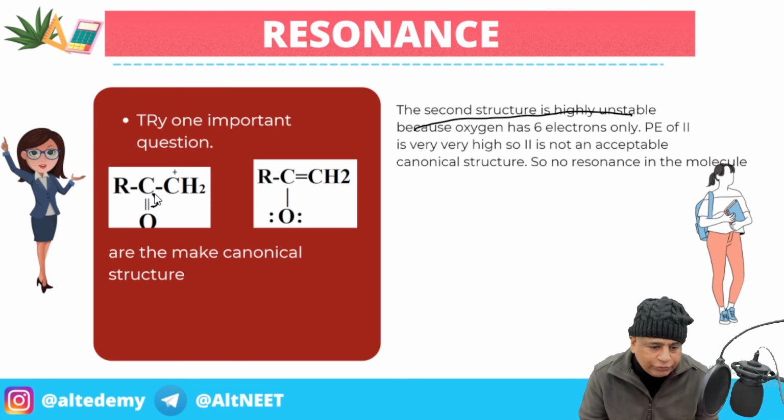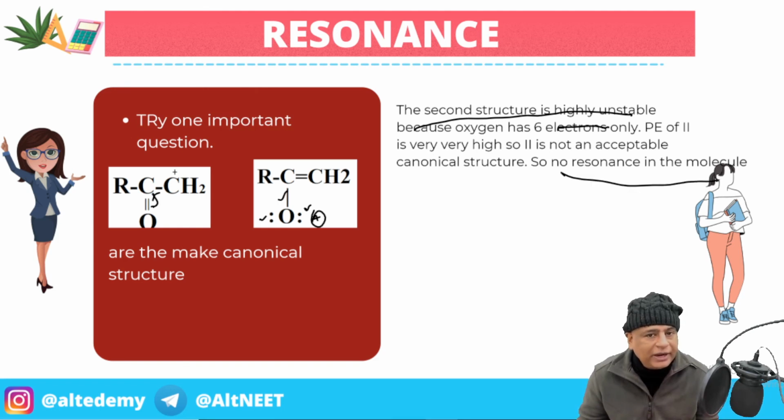The electron has gone from this place to this place, making carbon negatively charged, and CH2 plus will be forming a double bond. An electron is going from this place, it is having a positive charge here. And this particular oxygen is now having 6 electrons, 2 from this place, 2 from this place, 2 from this place. It has 6 electrons only. And the potential energy of this is very high. So it is not an acceptable canonical structure. So no resonance in the molecule, despite having sigma, pi and vacant orbital.